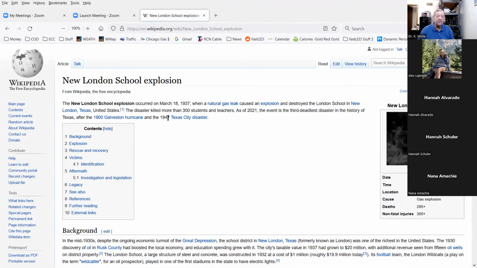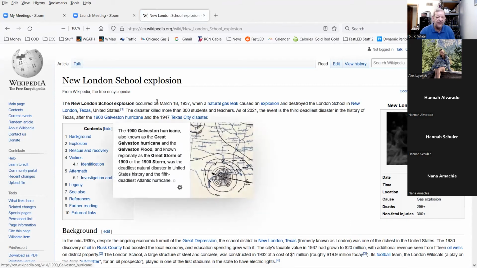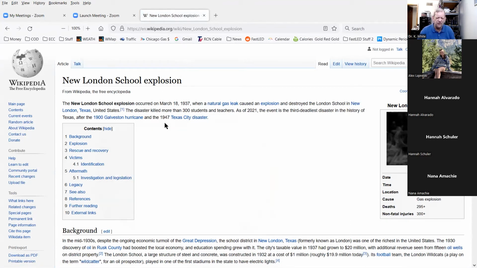Unfortunately, it killed more than 300 students and teachers, and that was in 1937. That was a horrific tragedy, and you should read about this. It's not pleasant, but it's important to understand.